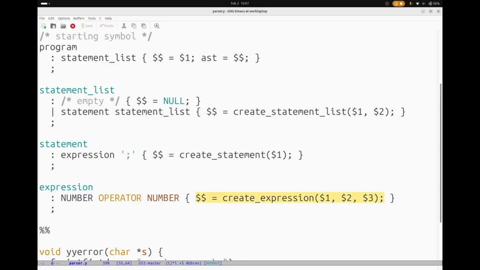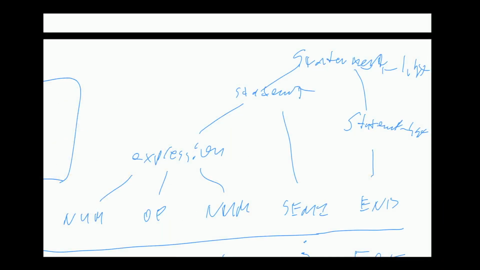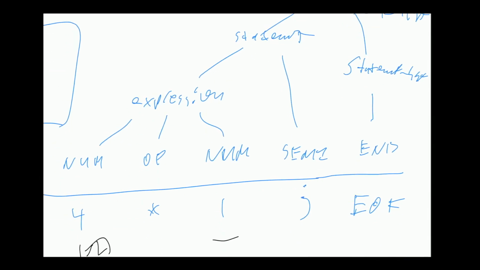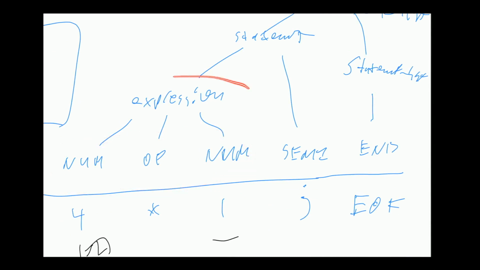This double dollar sign is basically the same thing as saying return. Just like here, we returned an expression node so that the caller would create that as its child node. Just as a refresher on our parse tree: as soon as our parser recognized that we had an expression, it created a node and then passed that to the function that called it. The function that called it was the statement parser.